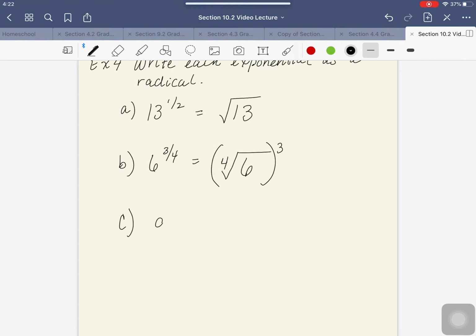All right, 9m to the 5/8 power. Again, remember that the exponent only applies to what's immediately in front of it. And since this 9m is not in parentheses, it only applies to the m. So that would be 9 times the 8th root of m to the 5th power.